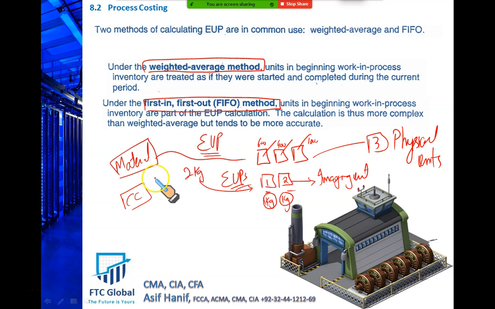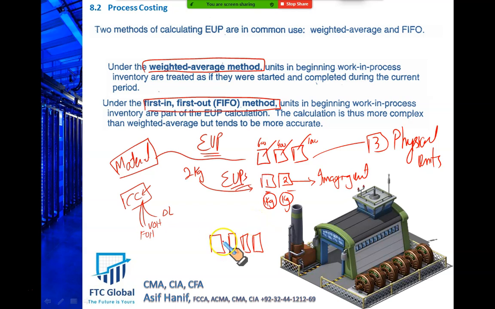We'll do the same thing with conversion cost. We know conversion cost is made up of 3 things: direct labor, variable overheads and fixed overheads. We won't separate them. Rather, we will use just one word, conversion cost. So I calculated my conversion cost, and the conversion cost that was added during the period was sufficient to produce 4 units. For example, these are imaginary numbers.